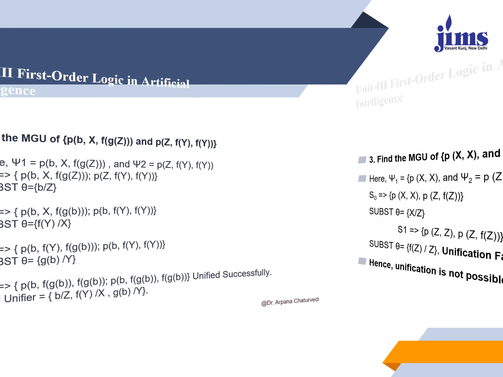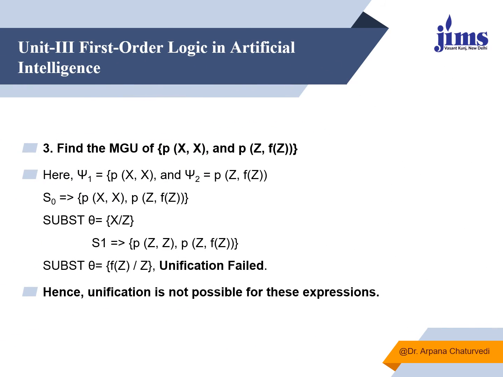Now we'll see one more example. In this, we are again given two predicates P and P, with two arguments, x here and z here. Firstly we'll consider the first one, x and z. So we can substitute x with z. Okay, fine. So we have substituted z comma z, f z. Now can it be possible that z is equal to z, and another time I am saying z is equal to function of z?